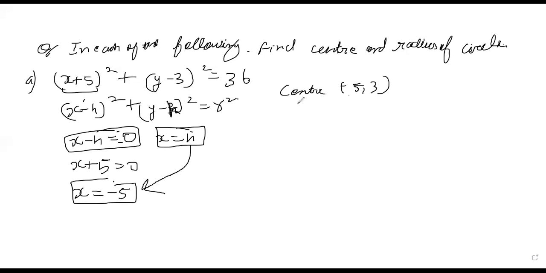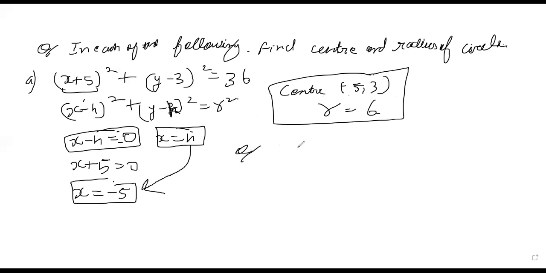Yes, here is the previous question that we have done. And what will be the radius here? Root 36, which is 6. Now in this question, x plus 1 whole square plus y plus 2 whole square equals 25.